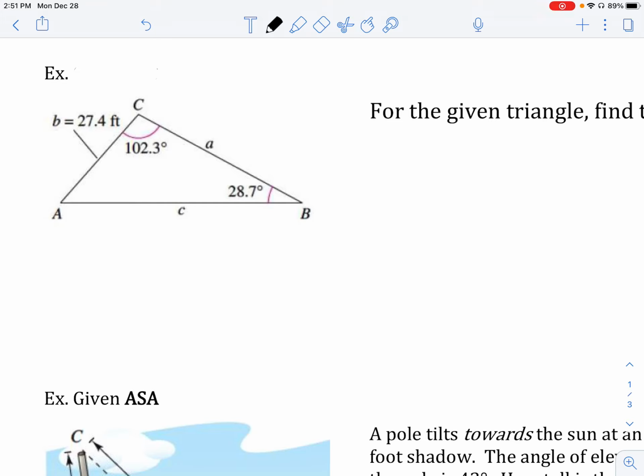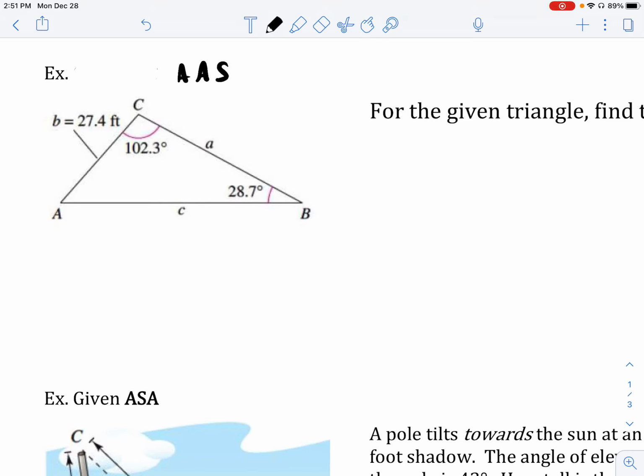Hopefully you were able to determine that this is an opposite side. Side B is opposite of angle B. Therefore, this is an AAS case. Because it's an AAS case, we're going to have to use the law of sines. So let's set this up.